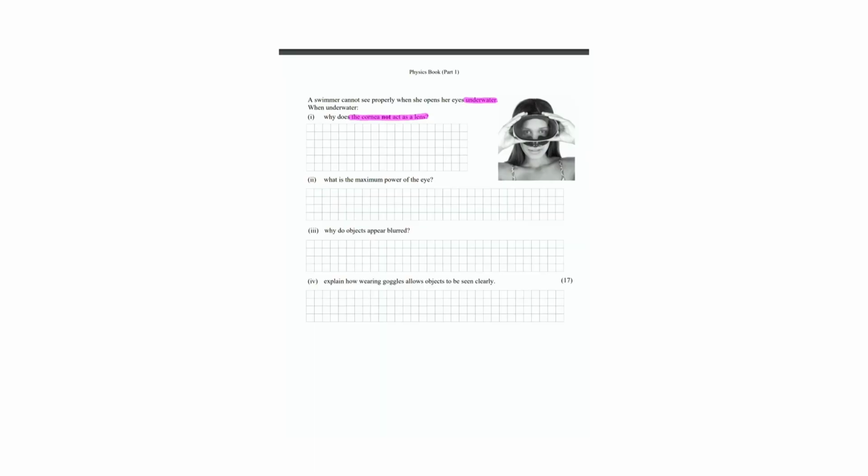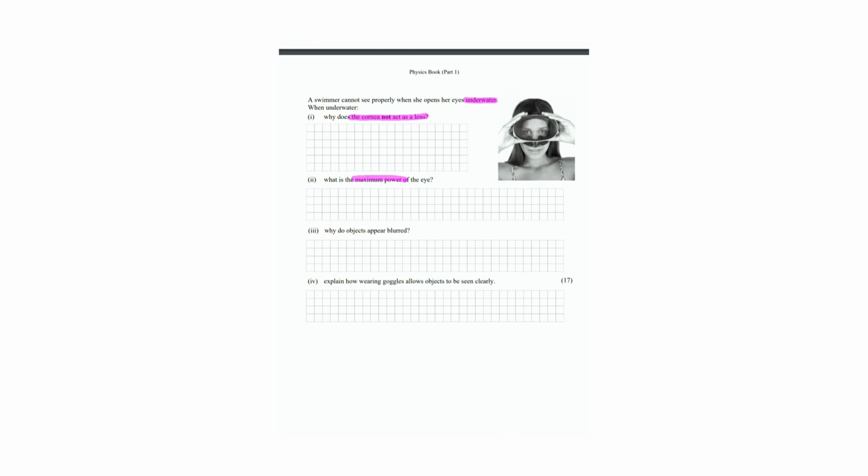So returning to my questions, what is the maximum power of the eye? Well, you see, the cornea is no longer part of the lens system. The cornea is no longer doing a job of bending the light when you're underwater. So therefore, the only part of the eye that acts as a lens is your variable lens.